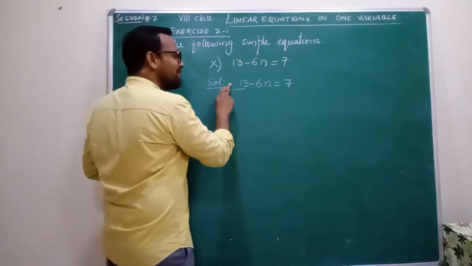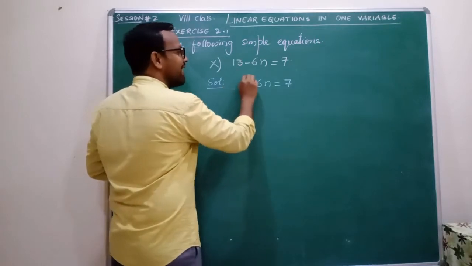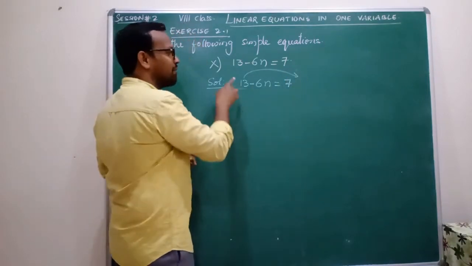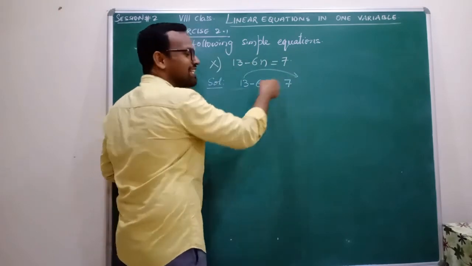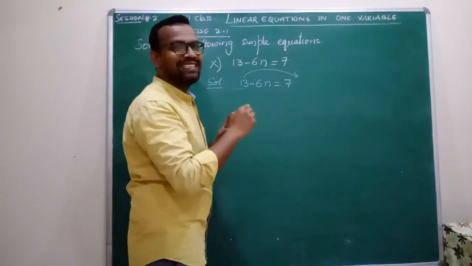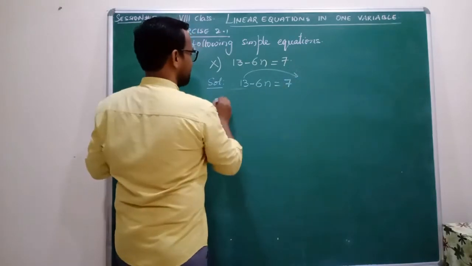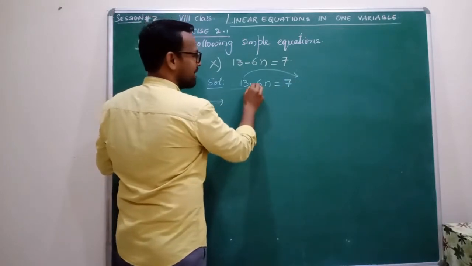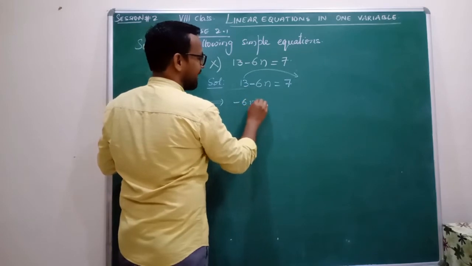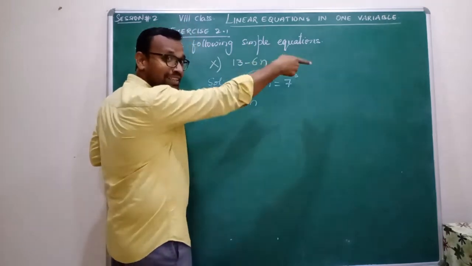Okay, now plus 13 has to be transposed. When plus 13 is transposed, it becomes minus 13, right? Plus becomes minus. So that implies minus 6n is equal to 7. I am not writing 13 on this side because it is going there.